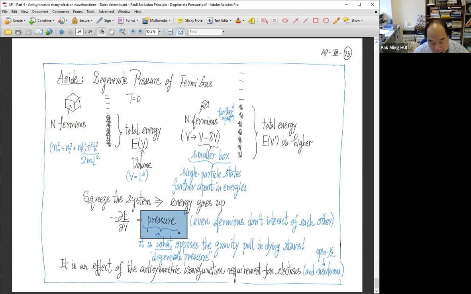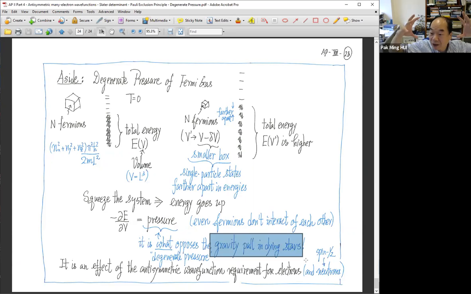In astrophysics, gravity wants to pull a dying star, collapse it, but when you have electrons in your dying star, the electron is the lightest particle in your standard model, and the mass appears down here.